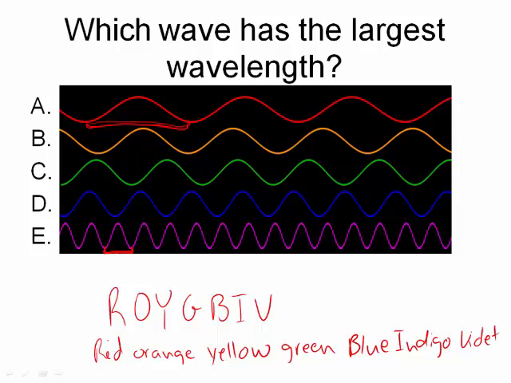You'll notice that red has the longest wavelength, whereas violet has the shortest. So here, looking at the pictures and remembering our visible spectrum, Roy, being red on the left, has the longest wavelength. So A is our answer here.